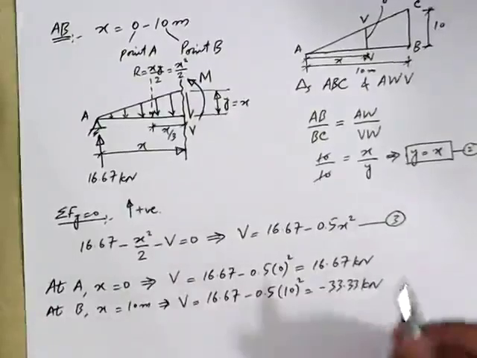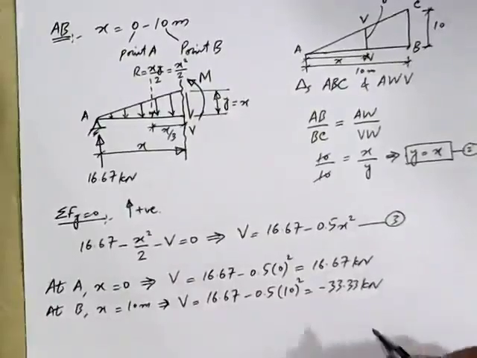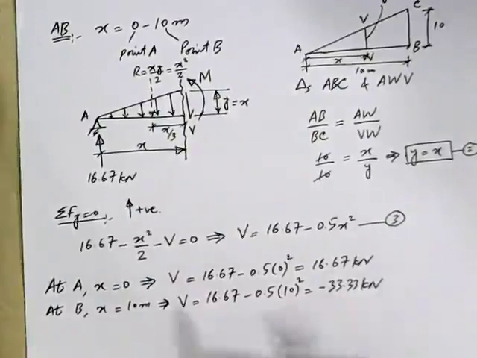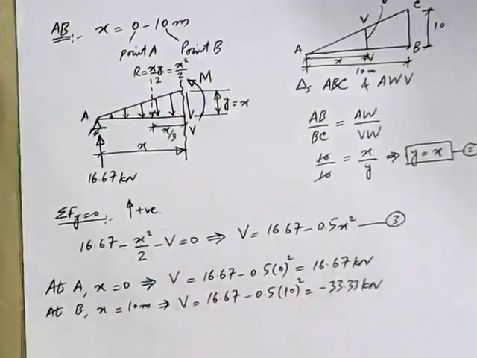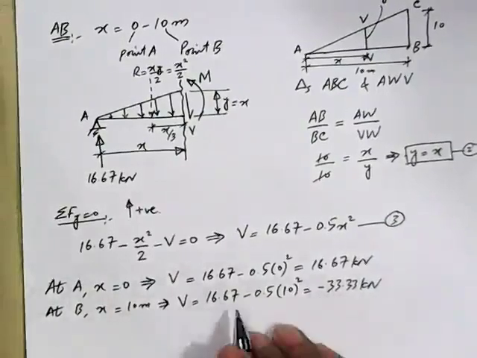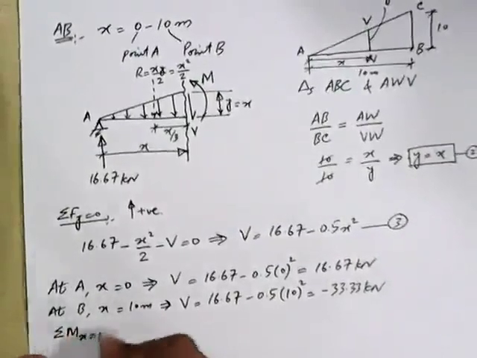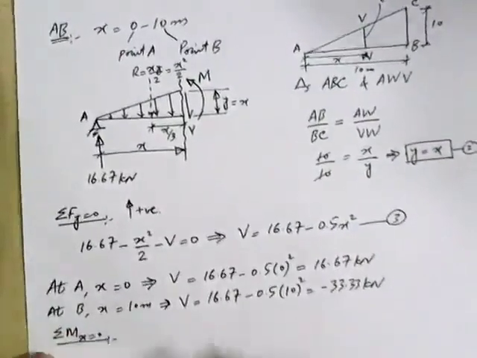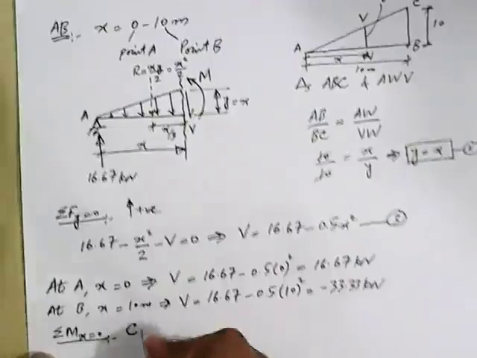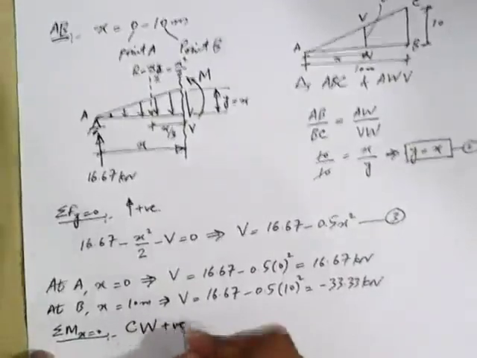So in this way, we have calculated the magnitude of shear force at point A and at point B. Now let's move towards the bending moment and write down the equation for bending moment. We take sigma Mx equal to 0, and our convention will be we take clockwise moment as positive.